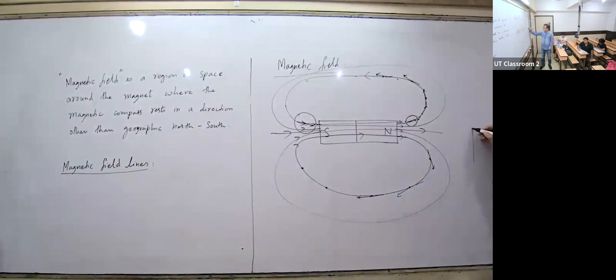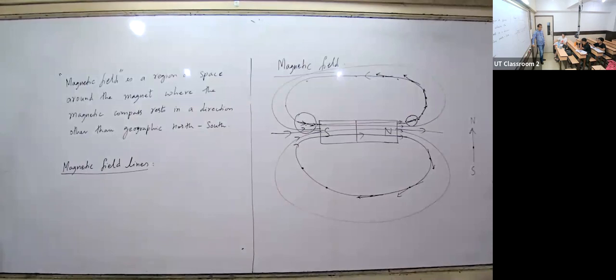What you have to tell me is why a magnetic compass always rests in north-south. The directive property I told you, the magnetic compass points in a north-south direction of Earth.